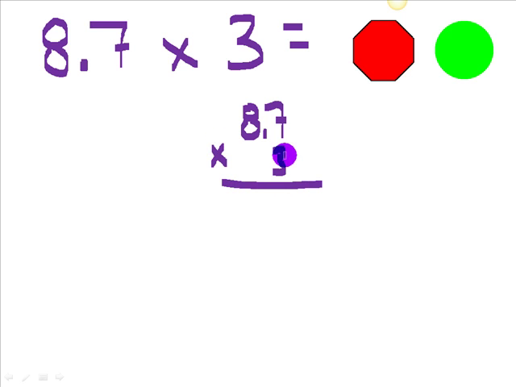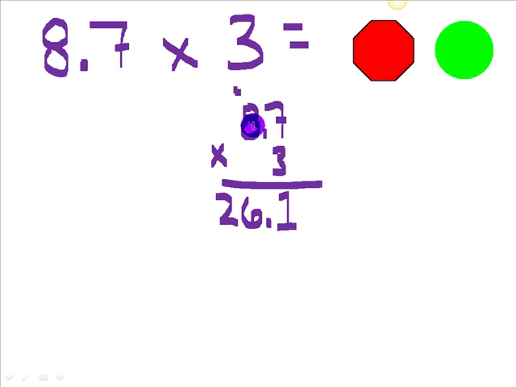And this is multiplication. So 3 times 7, that's 21. So we have 1. I carry the 2. 3 times 8 is 24, plus 2 makes it 26. So I have 261, but I haven't placed my decimal yet. I only have one number, so I come in and I place my decimal.